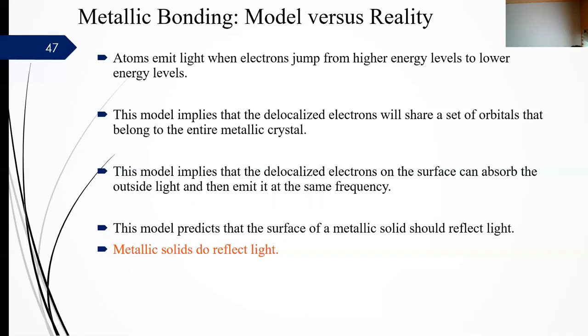And because the entire system shares the same set of orbitals, then we should be able to absorb and reflect on the surface all of that light as well. And that's part of the reason why metals seem so shiny, is that they're doing such a good job of reflecting out all of that light that gets absorbed and emitted from the entire solid of the metal.